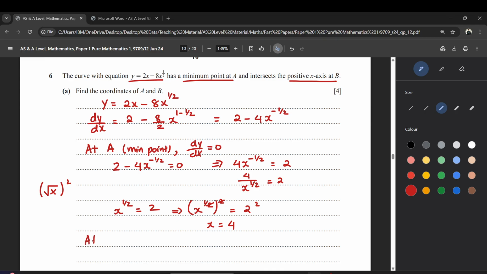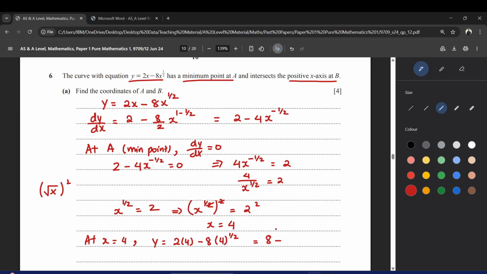So I'm going to write down that at x equals 4, y equals 2 times 4 minus 8 times 4 to the power of half. So here we have 8 minus 8 times 4 to the power half, which means that would be 2. Square root of 4 is 2.